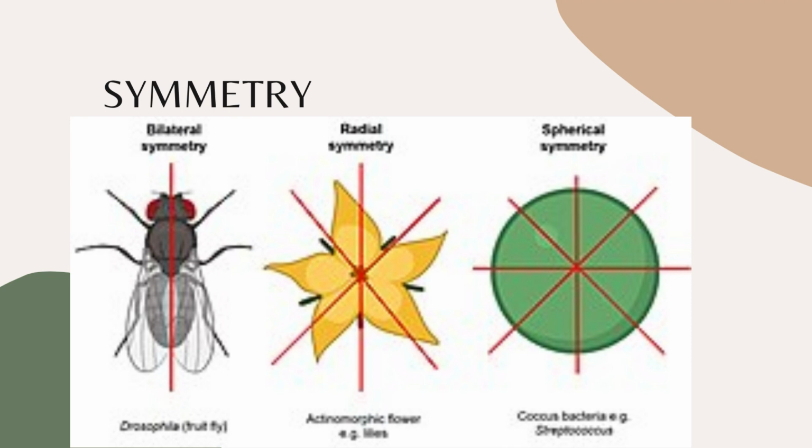Radial symmetry means body parts are arranged around a central axis, and animals which display radial symmetry include starfish. Bilateral symmetry means body parts are arranged on either side of a central axis.